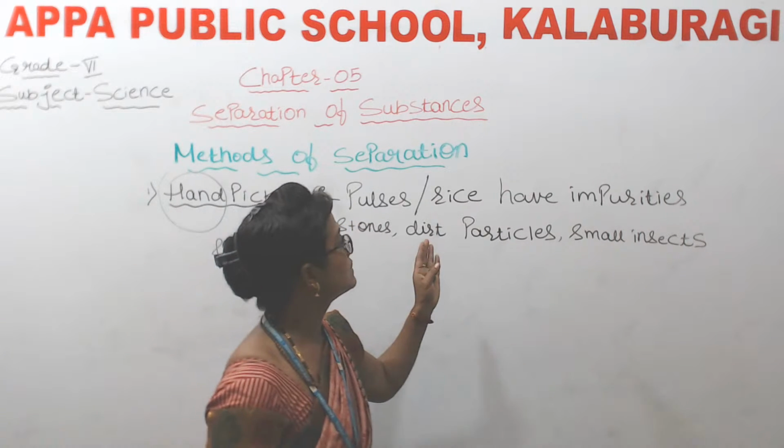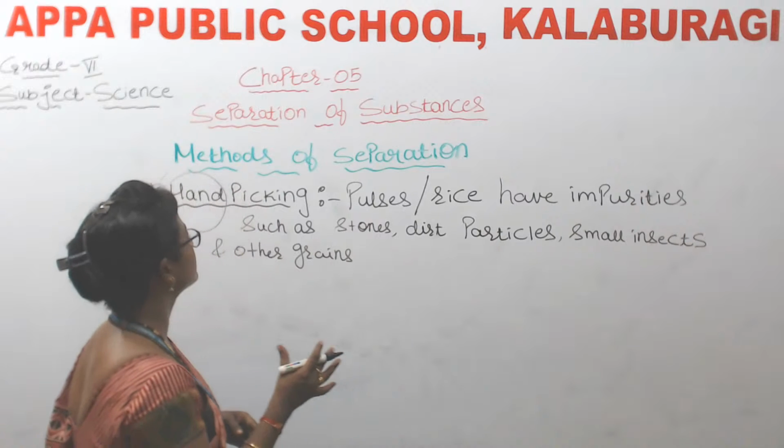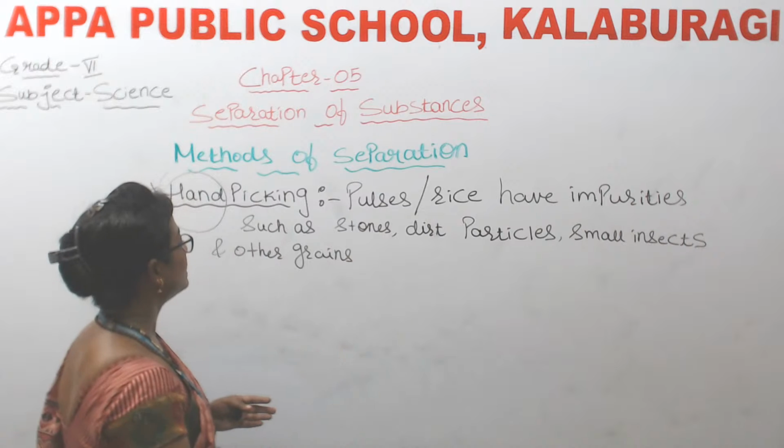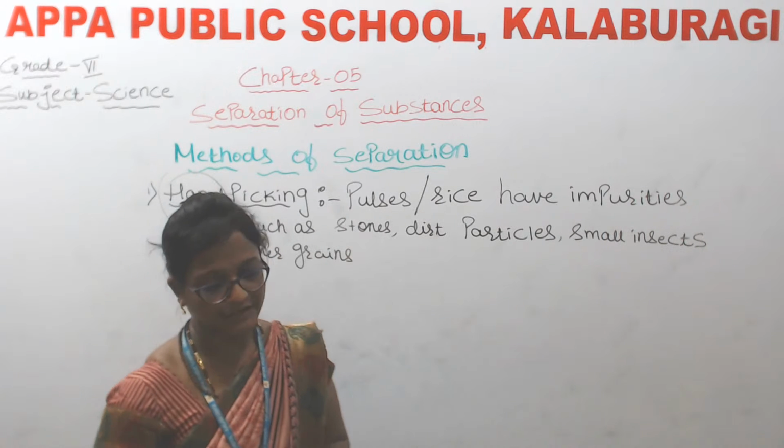So pulses or rice have impurities such as stones, dirt particles, small insects and other grains.